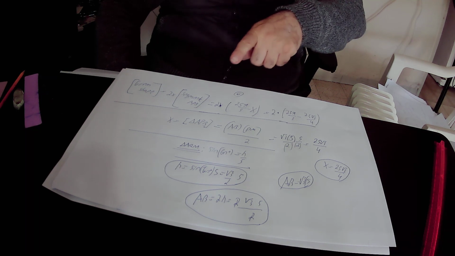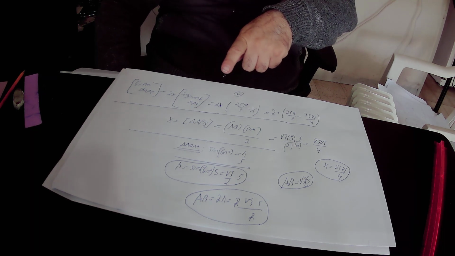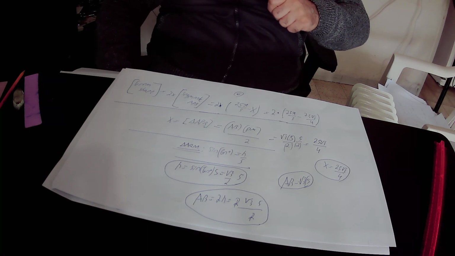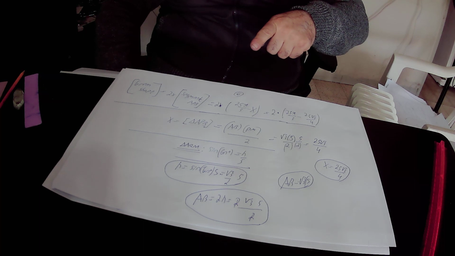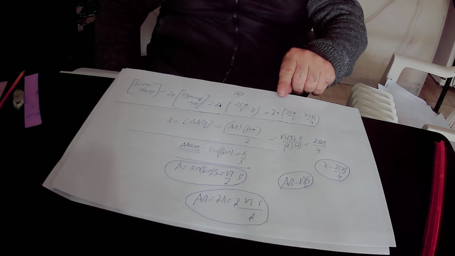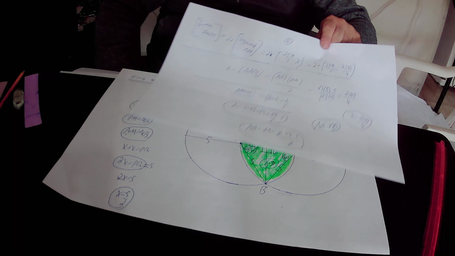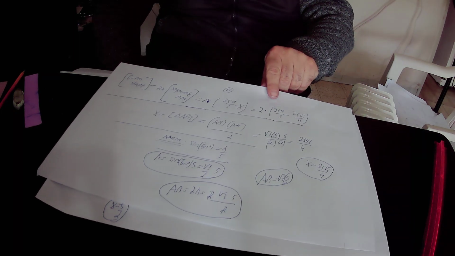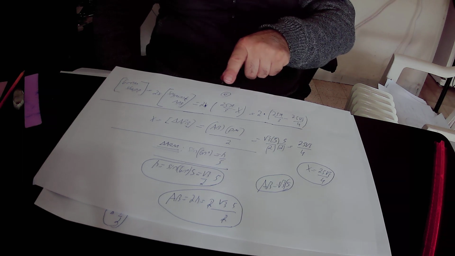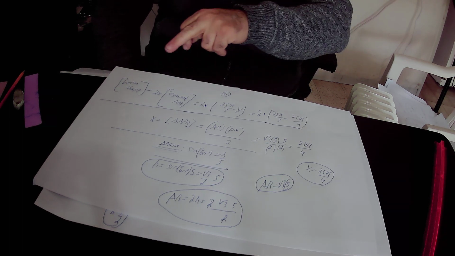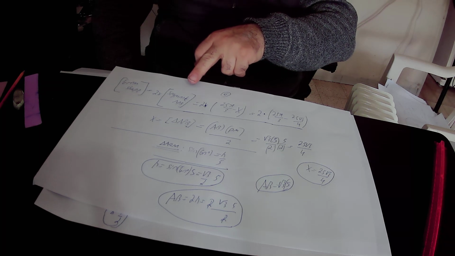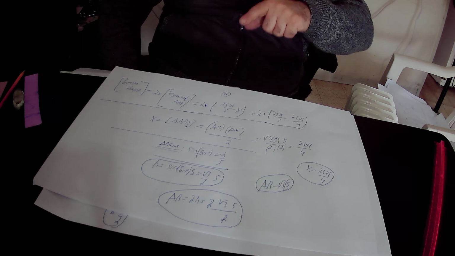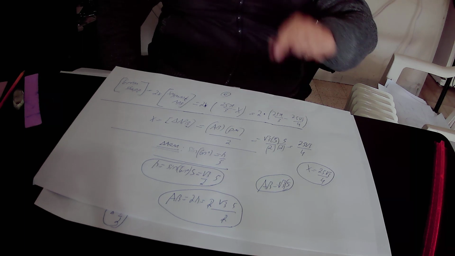We have already found out that the area of segment APB equals 25 pi over 3 minus x. And x is equal to the area of triangle AQB. So the area of the green shape equals 2 times 25 pi over 3 minus x.